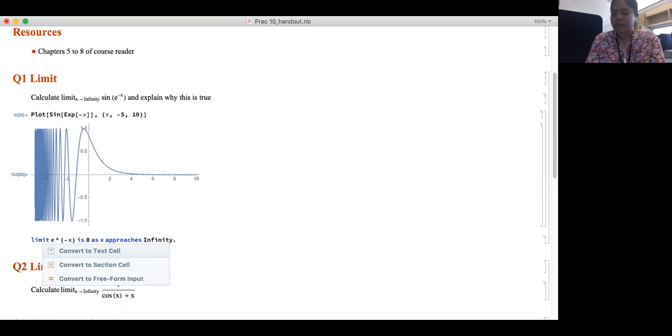And then it should say that sine is continuous at 0.